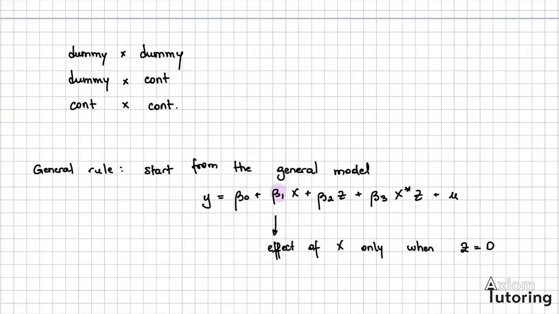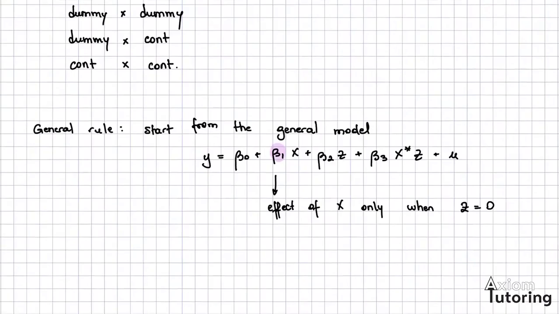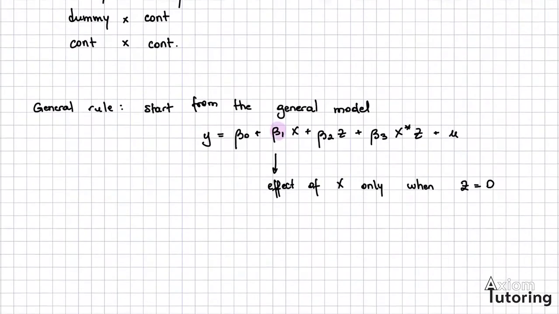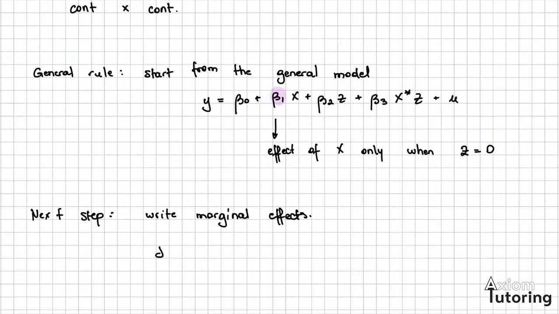Now, the second step from your general model would be writing the marginal effect. For marginal effects, it's very clear that you have to do the partial derivative.